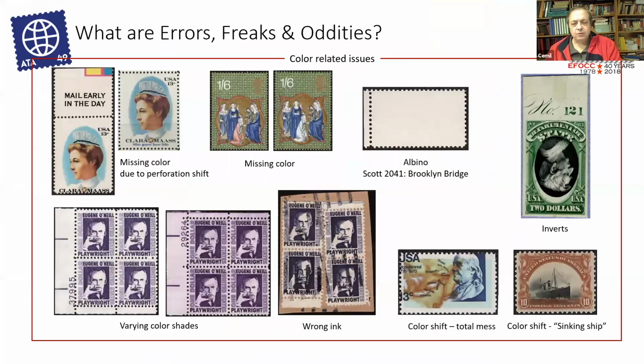So now what I want to do is talk about EFOs. First I'm going to go into color-related issues. On the right, what you see is an invert. These are, the way I see it, the kings of errors, right?